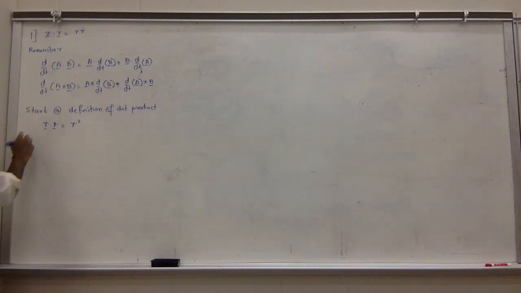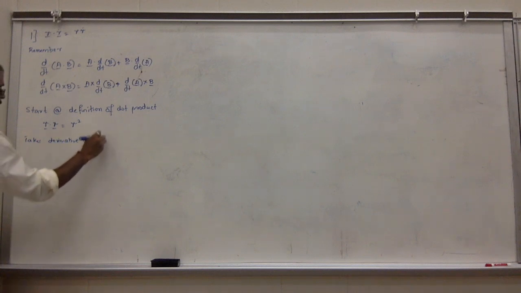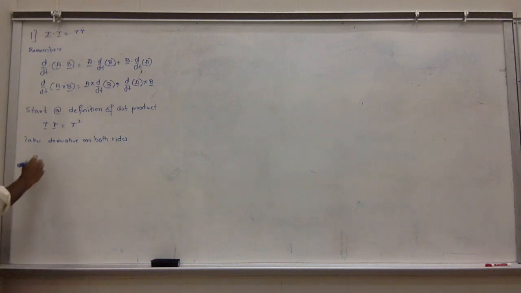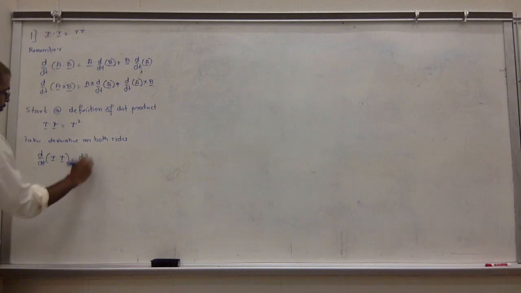And then what you do is take the derivative on both sides. Okay. So you're going to get d over dt of R dotted with R is equal to d over dt of R square.